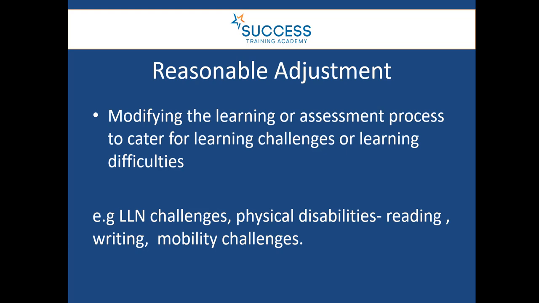If somebody had a physical difficulty, like they were in a wheelchair, then obviously we would provide a ramp for them to access the classroom, and maybe if they had concentration difficulties, we would give them extra time for the assessment. Those kind of things.